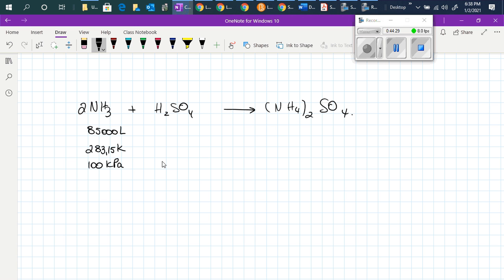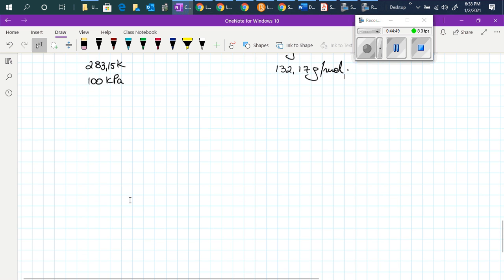We are looking for kilograms or grams of this, knowing that the molar mass is 132.17 grams per mole.